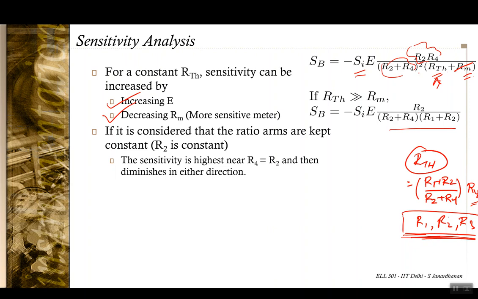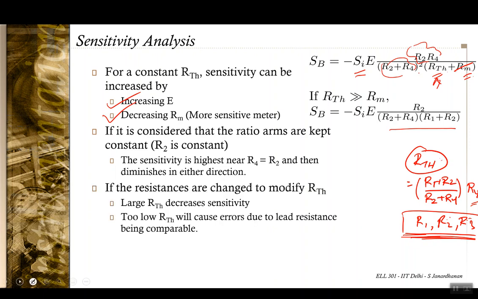So if these are in kilo ohms, RTH will also be in kilo ohms. If these are in mega ohms, RTH will also be in mega ohms. So we are not going too specific into that, but that is what is to be seen.